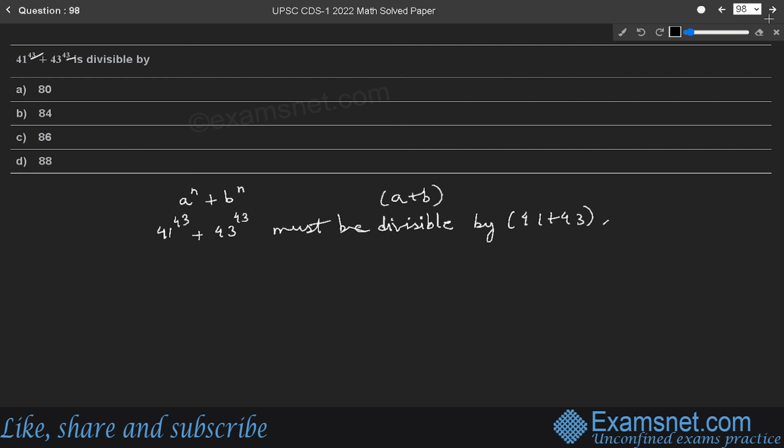And the concept is, if any number is in the form a to the power n plus b to the power n and n is an odd number, then the number must be divisible by a plus b. And we can see in the question that this is a and this is b and the power is n, and obviously n is odd, therefore it must be divisible by 41 plus 43, that is 84. So the correct option for this question is option B, which is 84. I hope this question is clear to you.